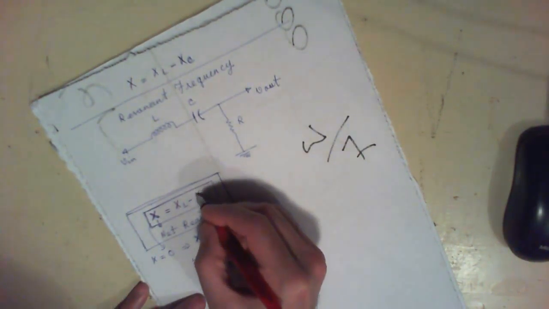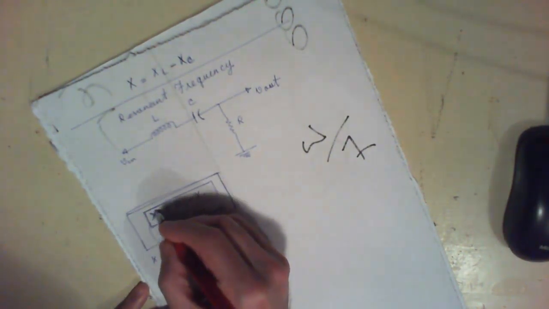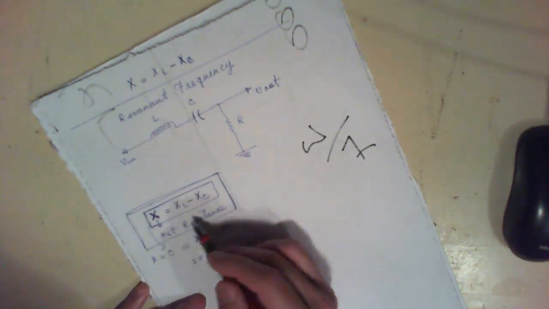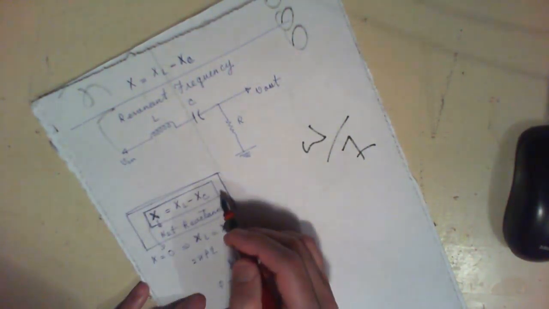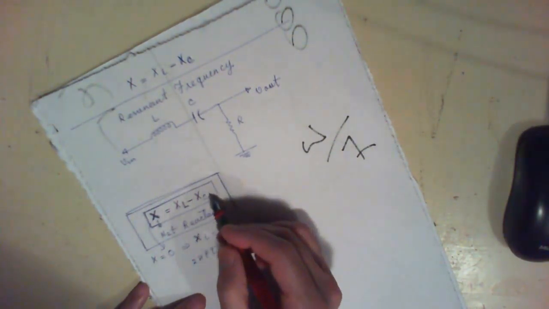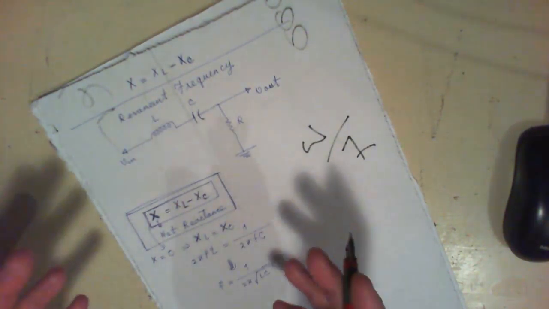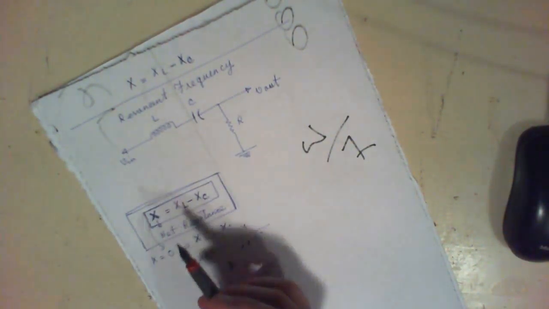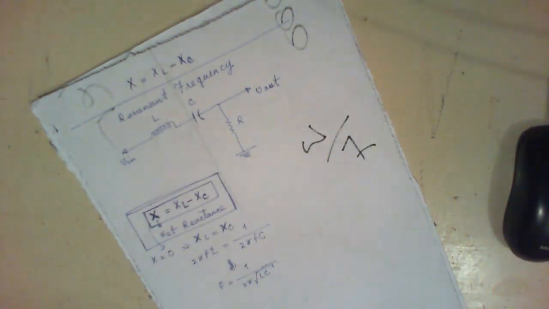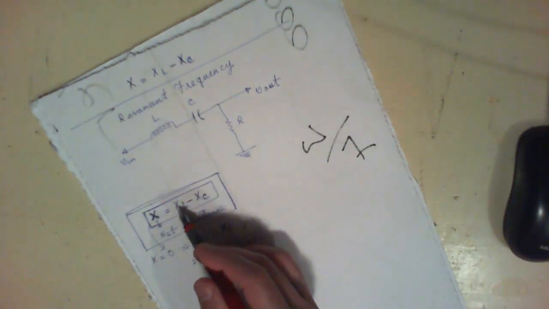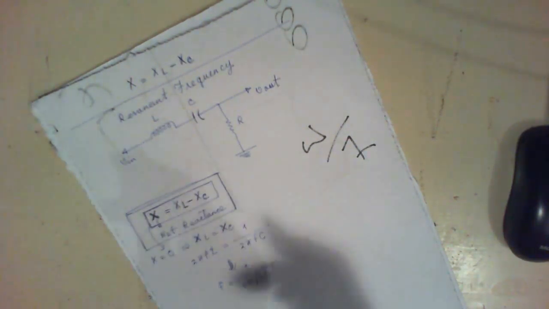Or you could just think about your net reactance simply as X of L minus X of C. Why they have defined net reactance as X of L minus X of C, I don't really know.